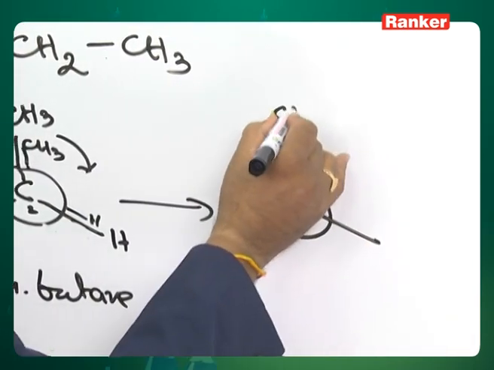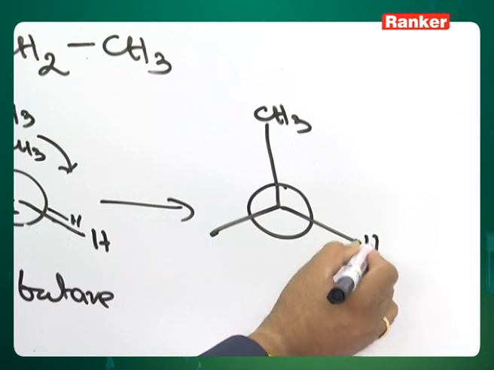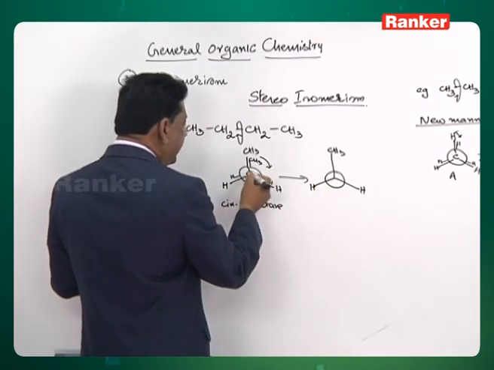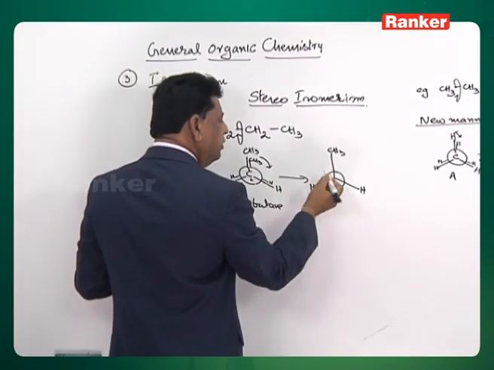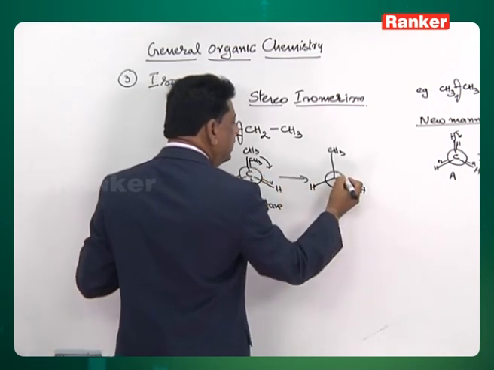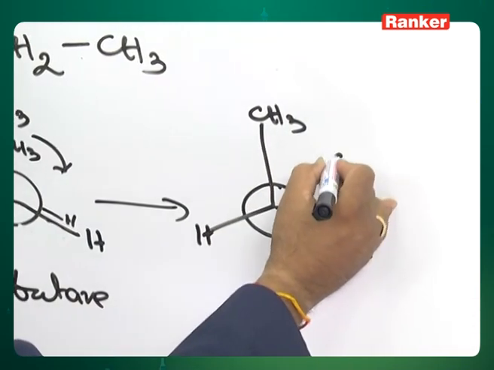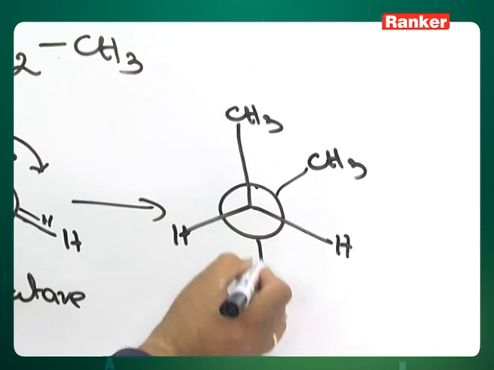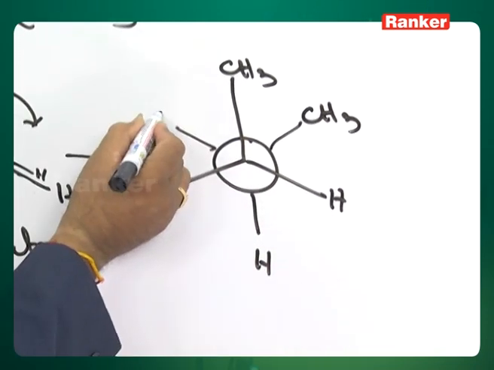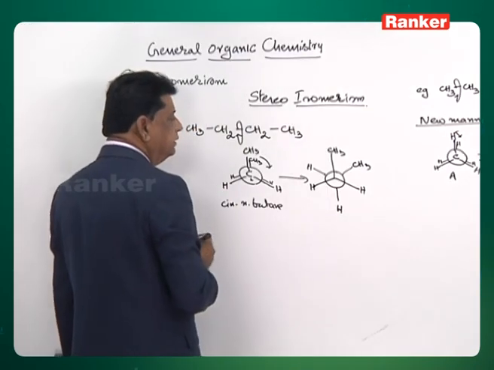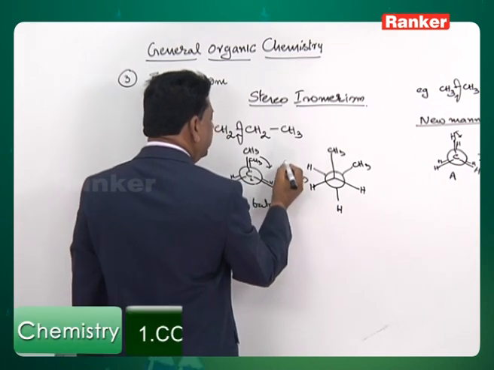The methyl group comes opposite to this. So one methyl has come here, there is one hydrogen, there is one hydrogen. Okay. So, this is 60 degrees rotation.